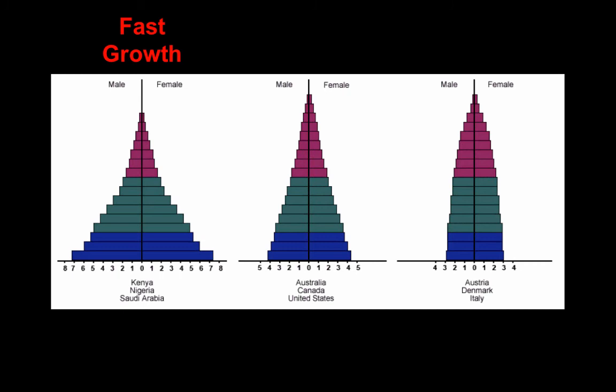The blue bars at the bottom represent children, and then the maroon bars at the top represent older people. So what this is saying is there's a lot of kids, not a lot of old people. So this is extremely fast growth. Places like Kenya, Nigeria, generally less developed places. And so the birth rate is much, much higher than the death rate.